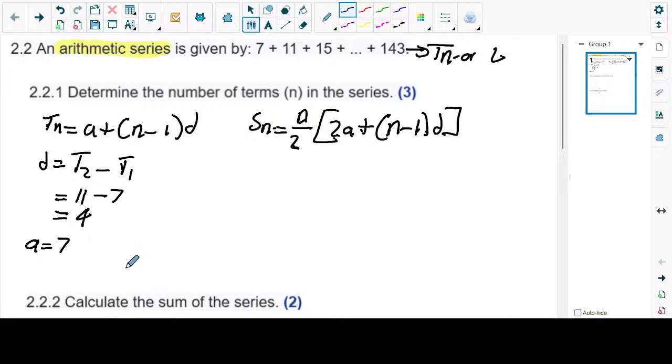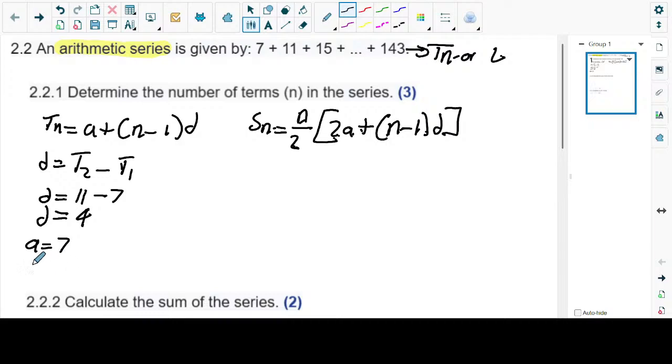We just calculated D. D is equal to 4. Do you trust my calculator? No, I trust you.